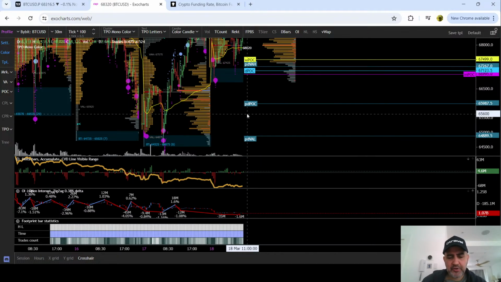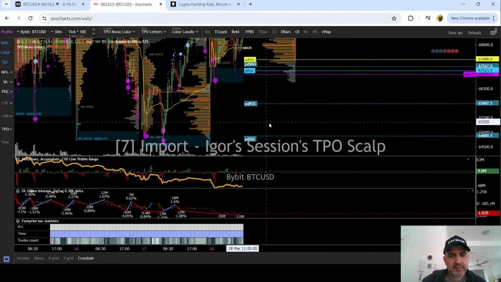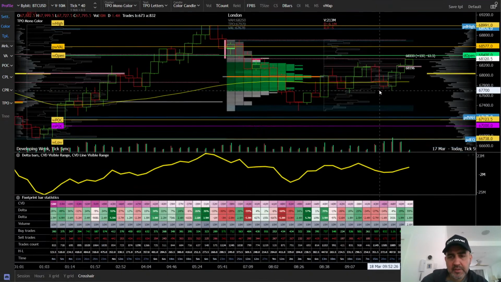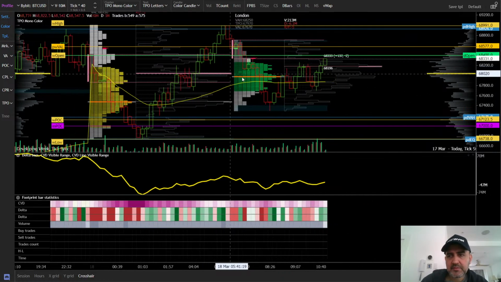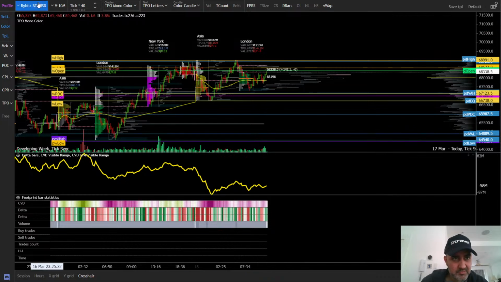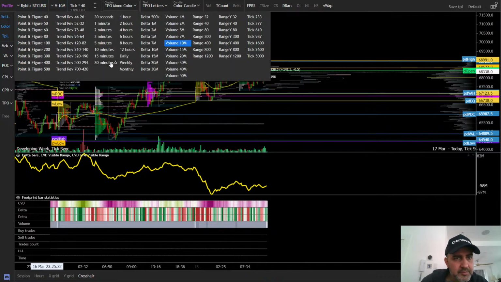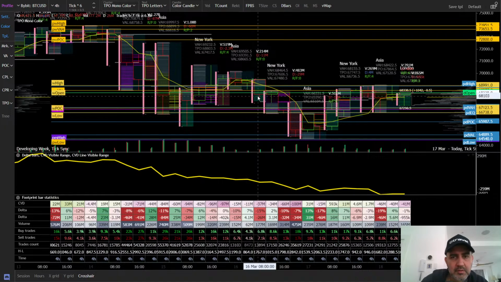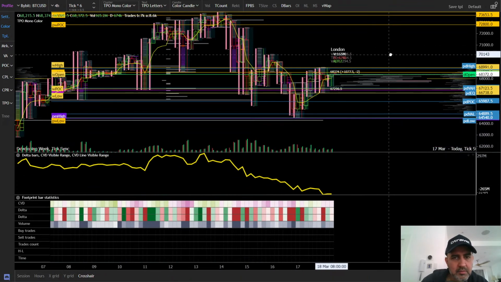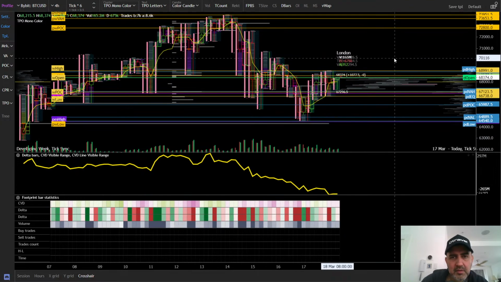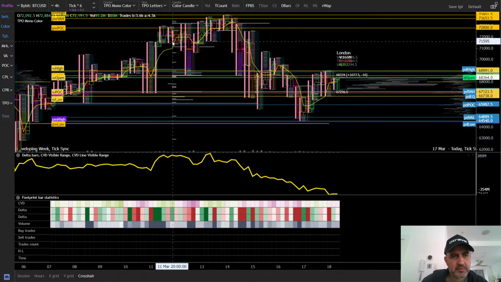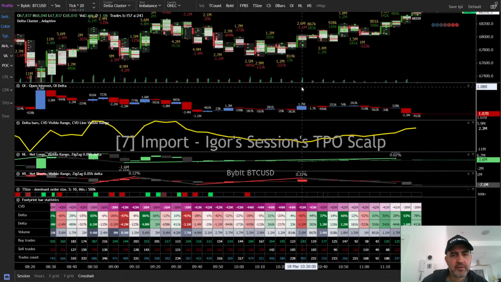And the other thing you can do if you're interested is look at the session TPO to see if there's any more interesting levels. Change that. Just the other one. It's the order flow.